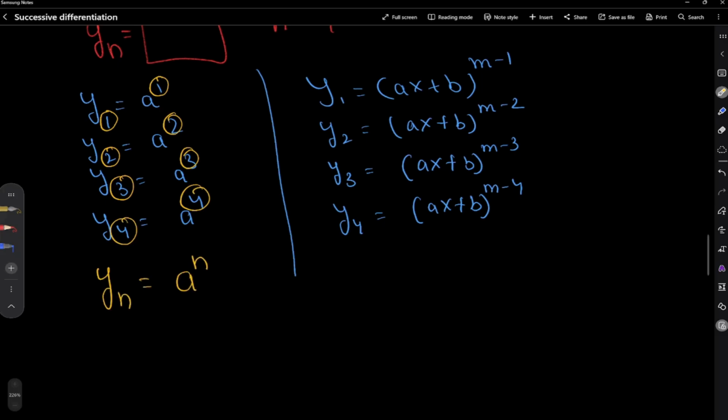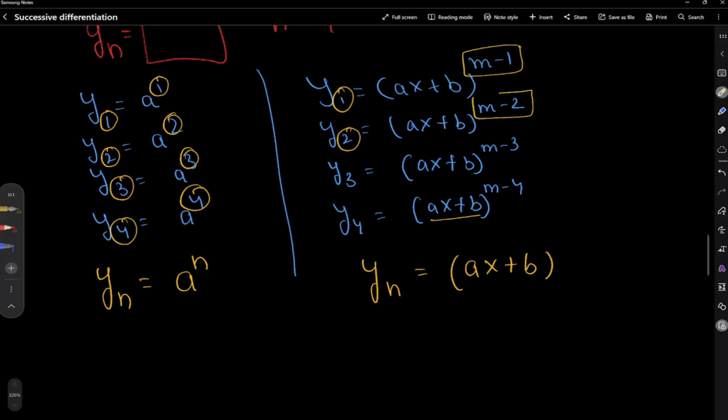Similarly for this one, for the nth derivative, ax plus b remains the same, and for 1 it's m minus 1, for 2 it's m minus 2, 3 m minus 3, 4 m minus 4. So for n it will be m minus n. Yes, you were right.